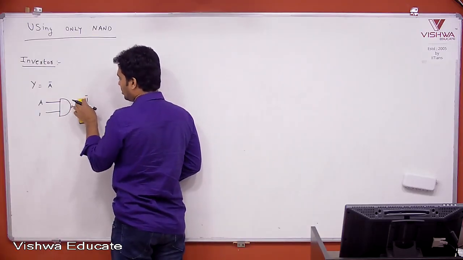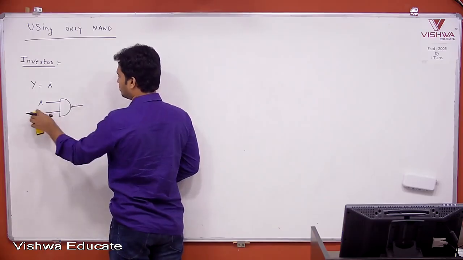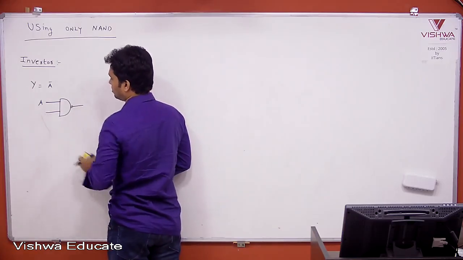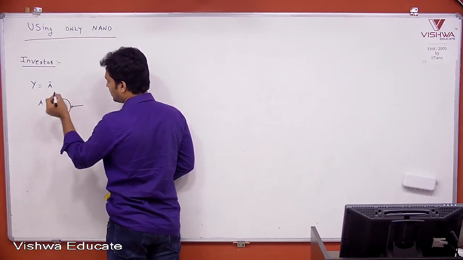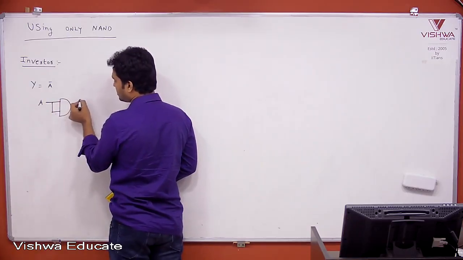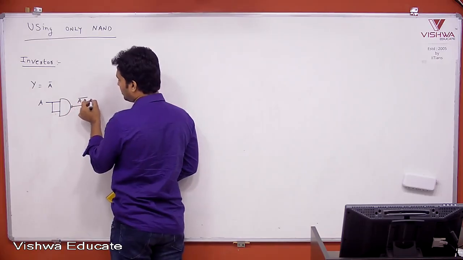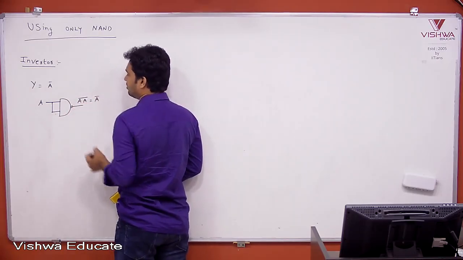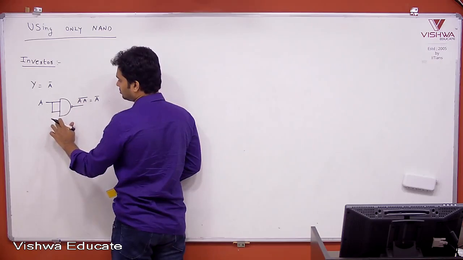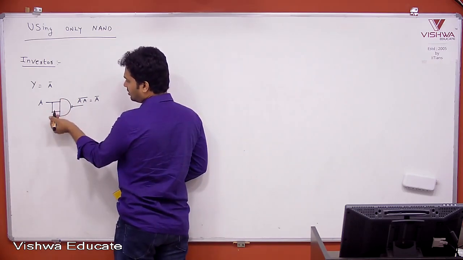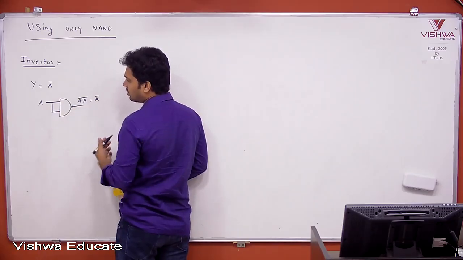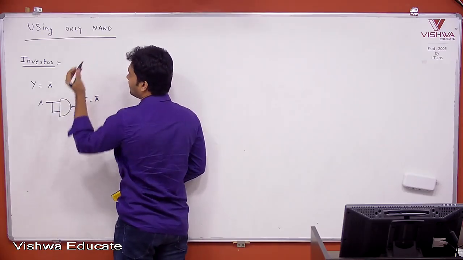Another way is like this: here also A, here also A. What is the answer? A into A whole bar, which is A bar. A into A whole bar is nothing but A bar. This is how to make an inverter using a NAND gate.